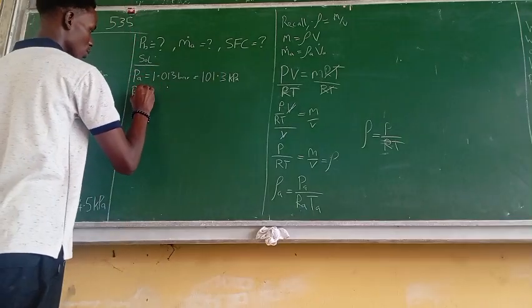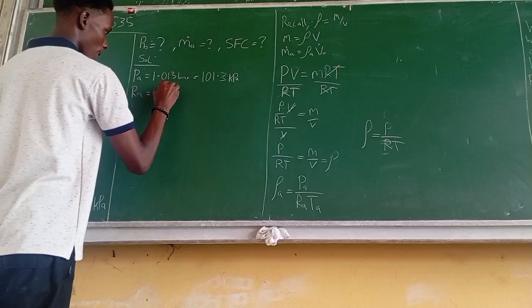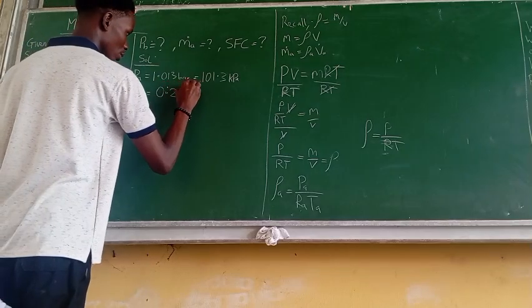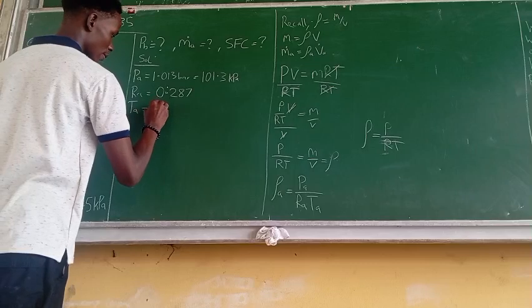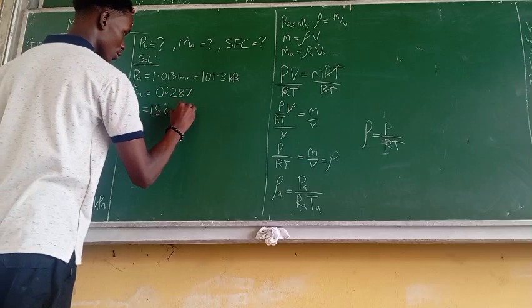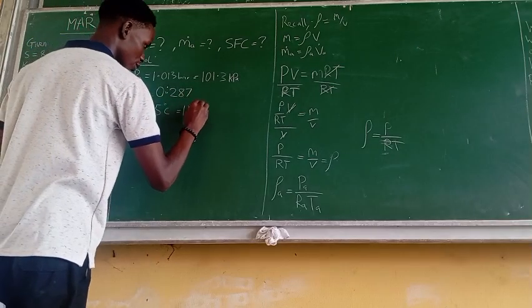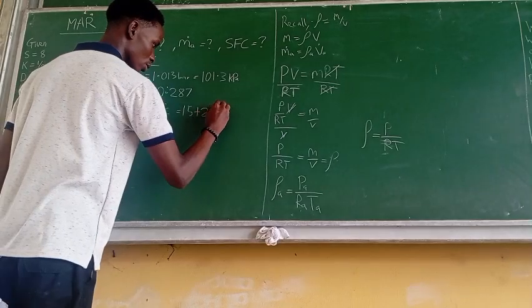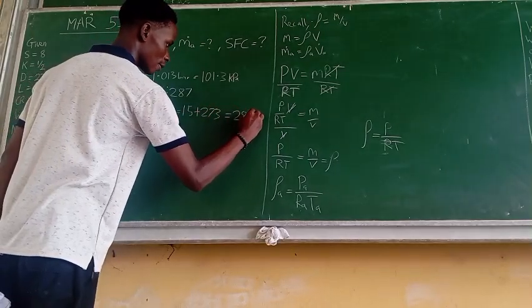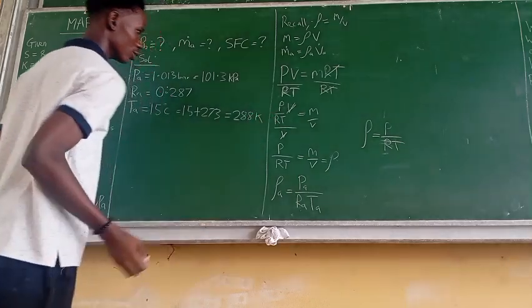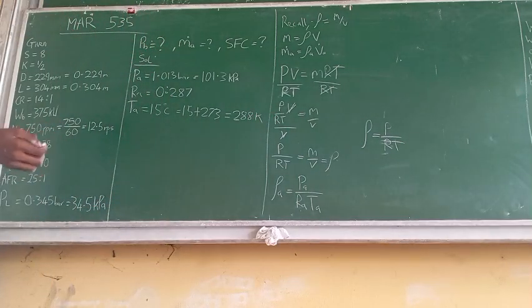The gas constant was also given as 0.287. Temperature was given as 15 degrees Celsius. Convert it to Kelvin, that is 15 plus 273, which is 288 Kelvin.